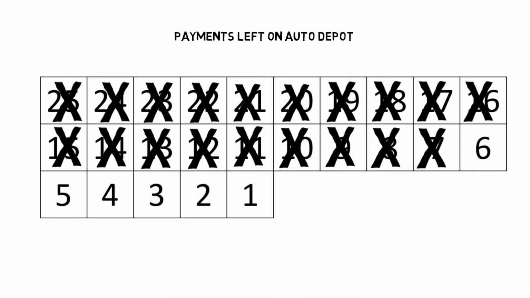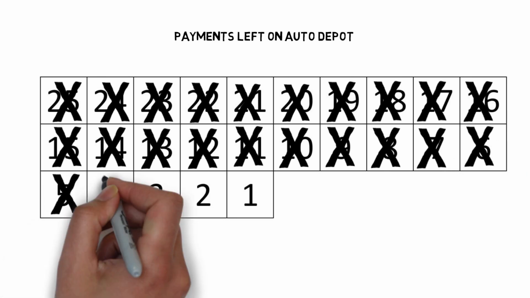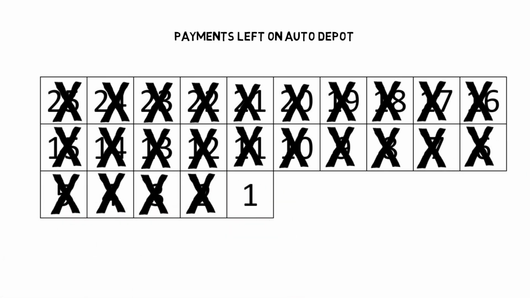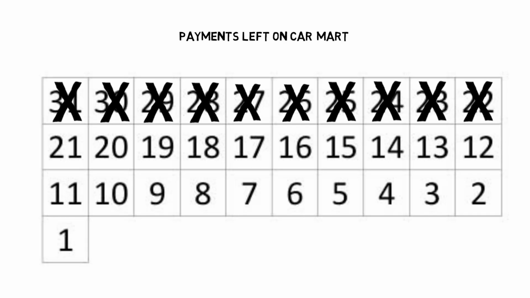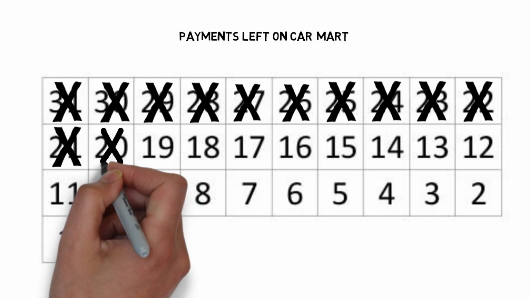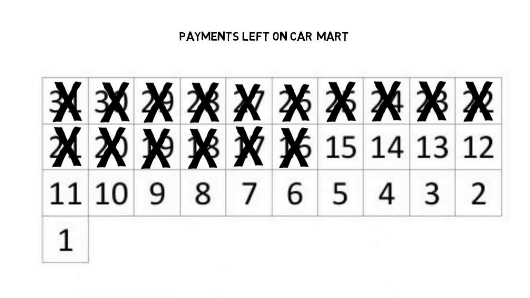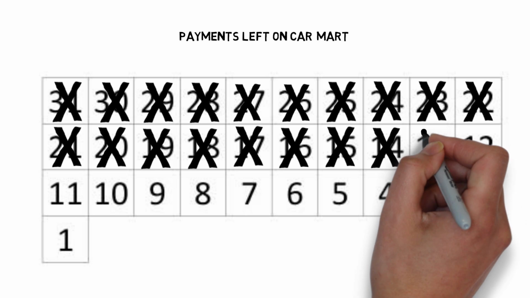Once all 4 credit cards are paid off, Joe and Sue will only have 1 more car payment before Auto Depot is paid off. Doing the same thing for Car-Mart, again marking off 14 payments, you determine there will be 7 more payments necessary to pay off this final debt.